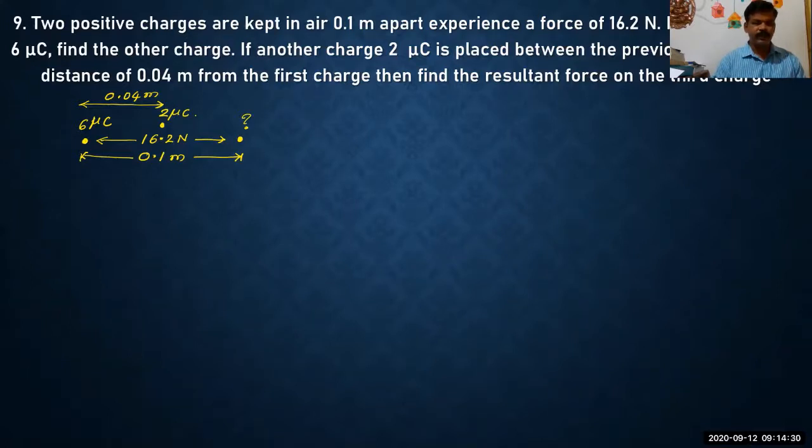Let us consider the first charge as 6 microcoulomb. We don't know the second charge, that has to be calculated, and the third charge which is placed in between is 2 microcoulomb.